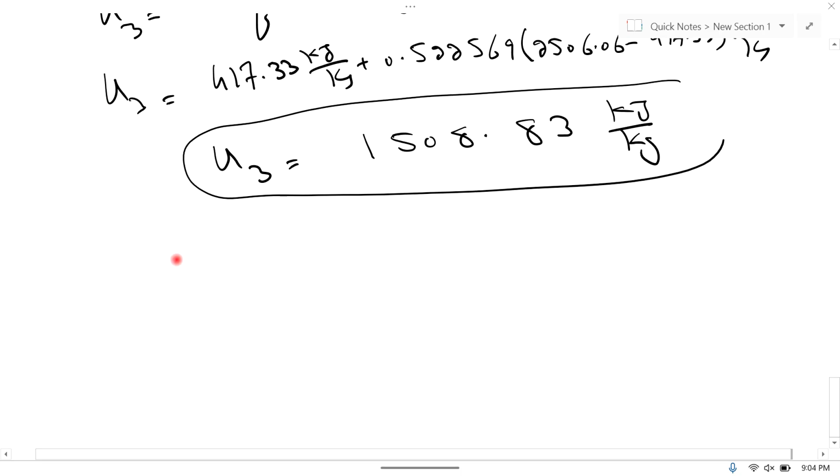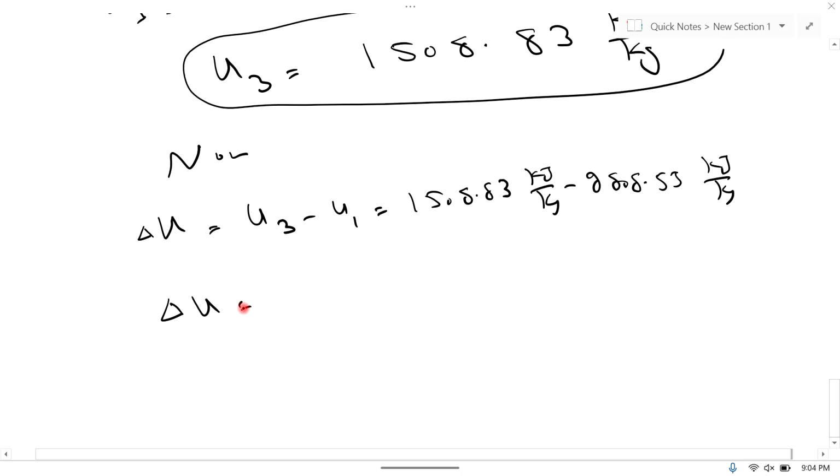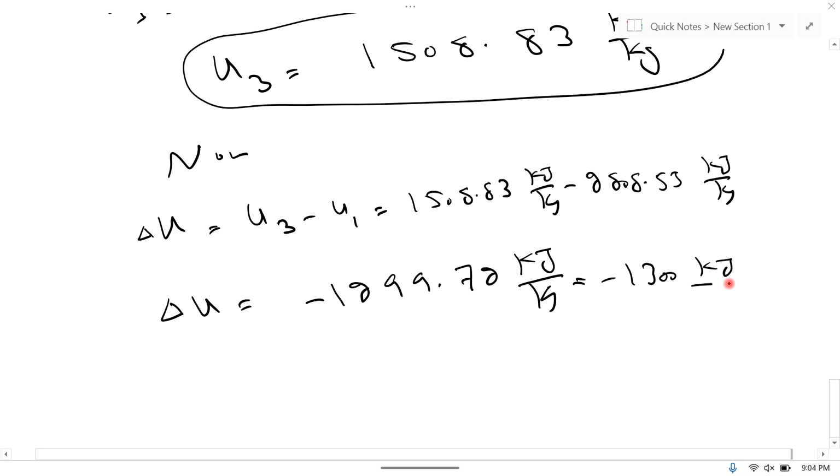Now U3 minus U1 is required. Delta U is equal to U3 minus U1, which is 1508.83 kilojoule per kg minus 2808.55 kilojoule per kg. So delta U is equal to minus 1299.72 kilojoule per kg, which is almost minus 1300 kilojoule per kg.